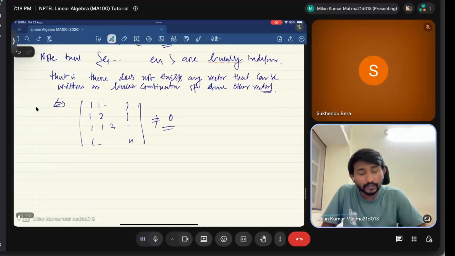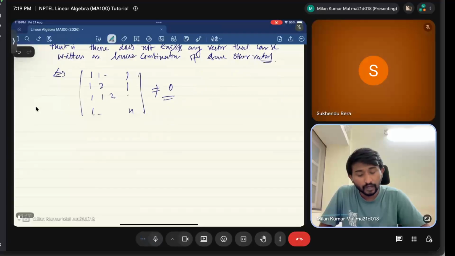But whether this determinant is equal to 0 or not, first of all, for a matrix we can decide whether the determinant is 0 or not by the row reduction process. If you do the row reduction process, we can try to find the determinant of the new matrix, and whether that is non-zero or not can be decided.